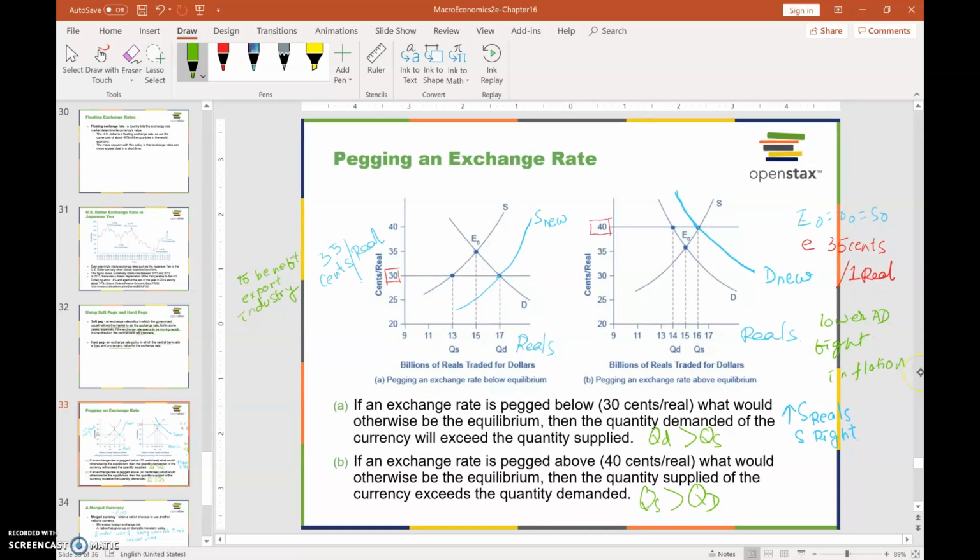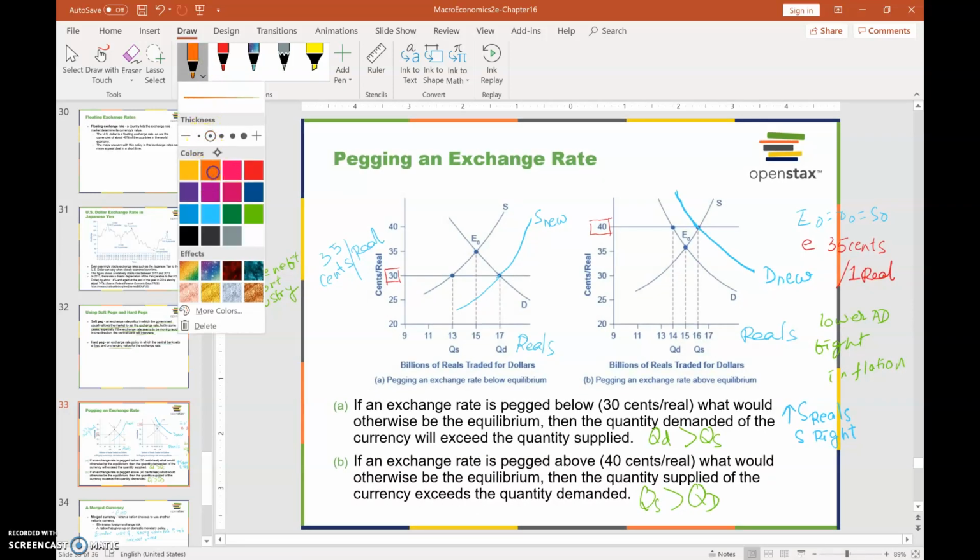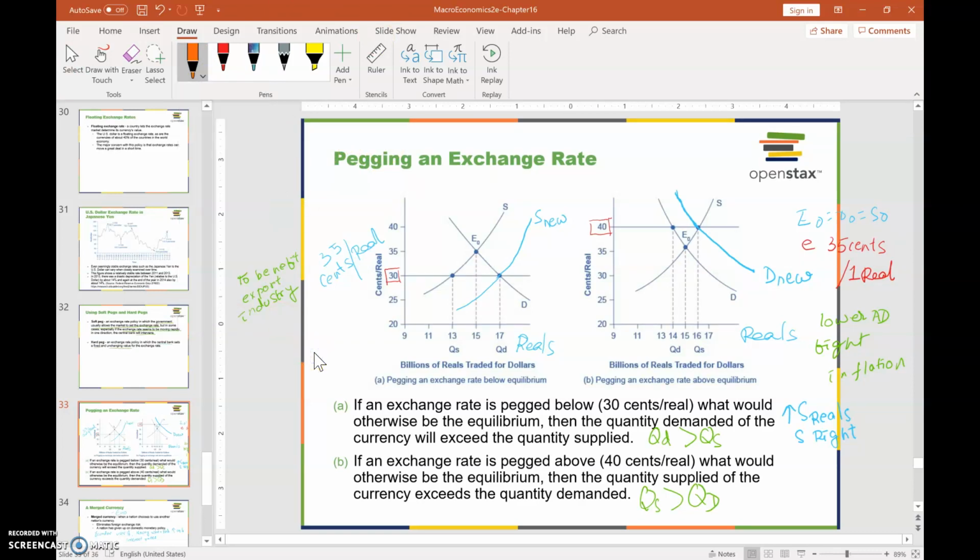inflation. So now if I look at panel A here, when the exchange rate is pegged artificially at 30 cents per real, quantity demanded will be greater than quantity supplied. We need to fill up the gap here. The way the Brazilian government is going to fill up this gap is they are going to use Brazilian currency to buy foreign currencies.